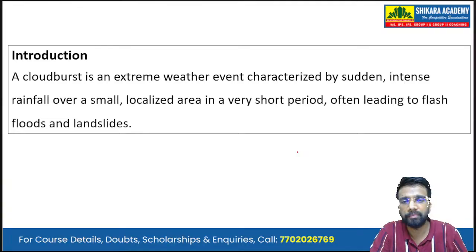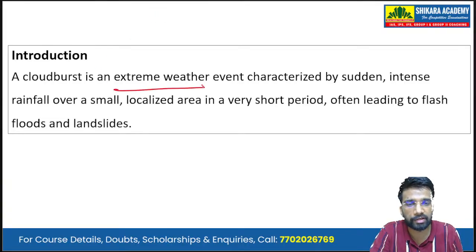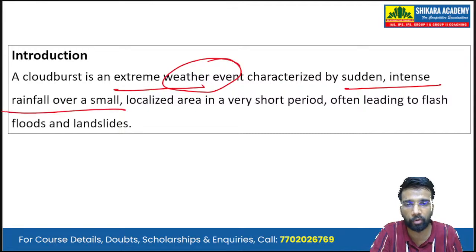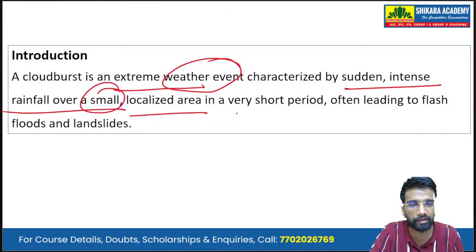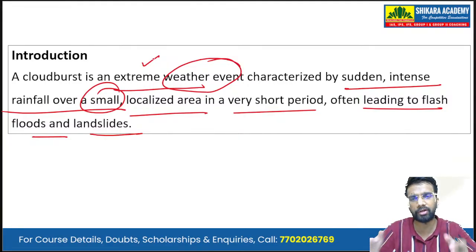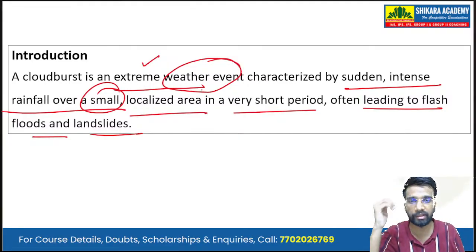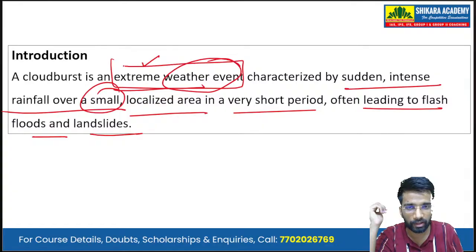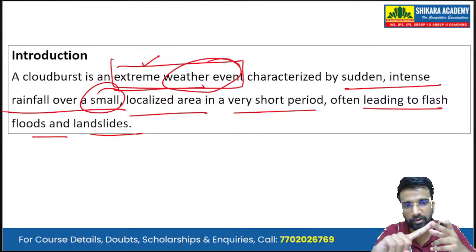Now, starting the introduction: a cloudburst is an extreme weather event characterized by sudden intense rainfall over a small localized area in a very short period. And it often leads to flash floods and landslides. So in this introduction, we have defined what a cloudburst is. First thing, it is an extreme weather event.